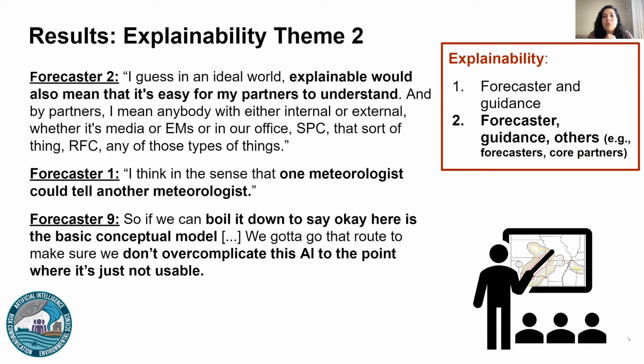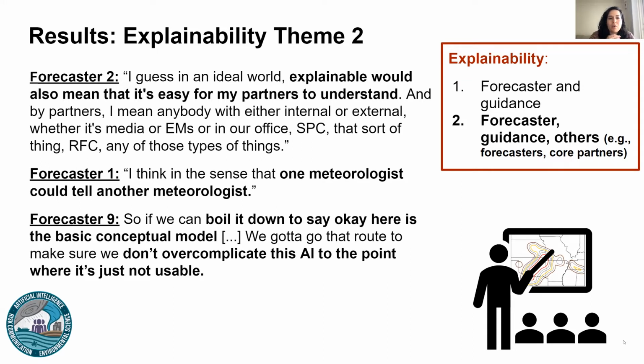Forecaster 9, boil it down to say, okay, here's the basic conceptual model. Don't overcomplicate this AI to the point where it's just not usable. And that last point there is, because something can be complicated to the end user or to someone without the expertise that you would have as a developer, you want to make sure that you're putting the AI's best foot forward in an approachable way, and illustrated here.